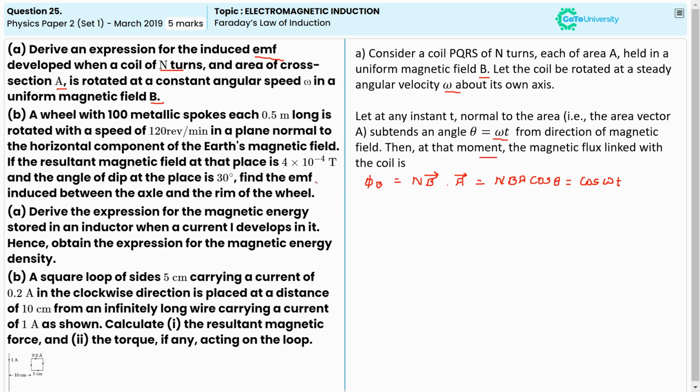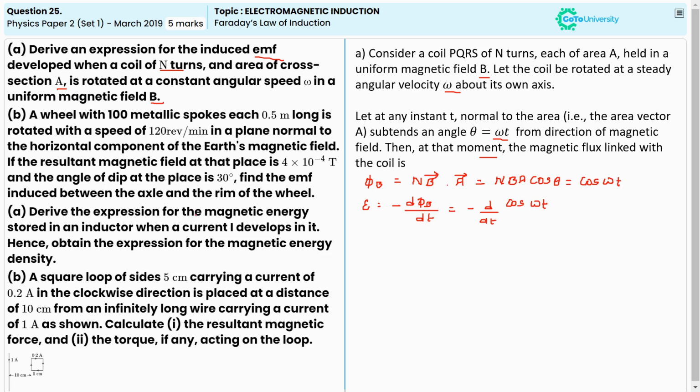Therefore, induced EMF epsilon is equal to minus d phi B divided by dt, with respect to t. We will get minus d by dt of phi, where phi is nothing but n B A cos of omega t.